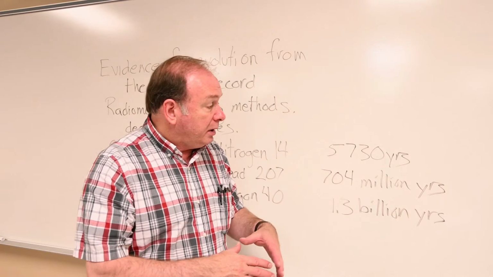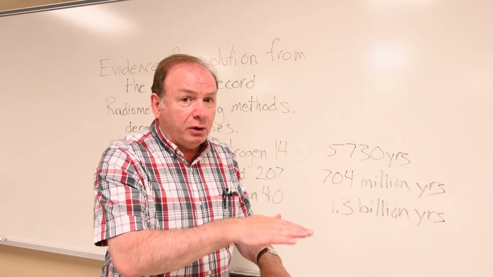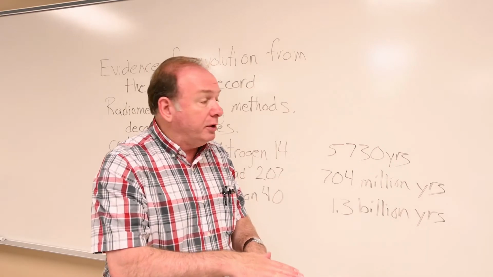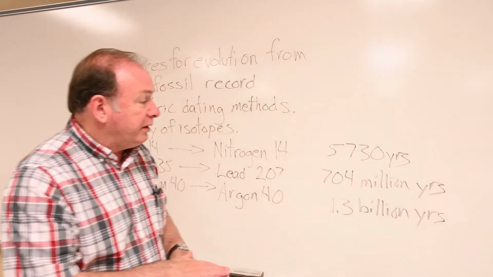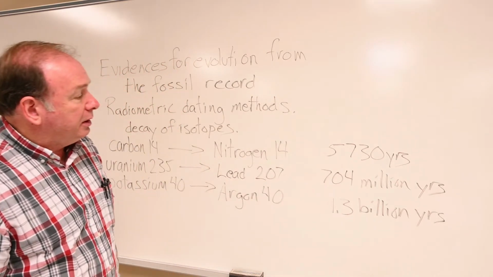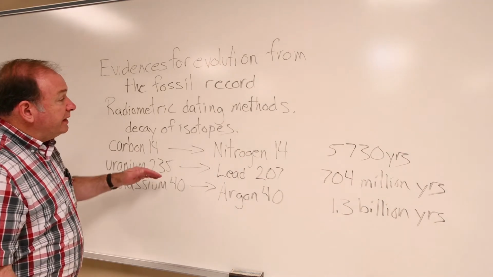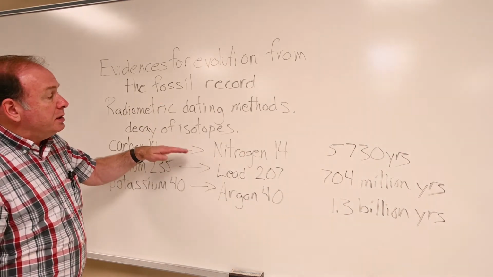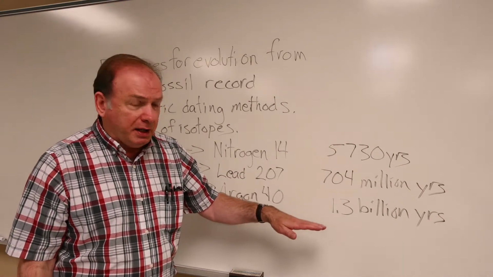If we don't have any igneous intrusions, any lava flows or anything in the material close to those sedimentary beds, then we have more problems figuring out exactly what the age or date should be for that particular stratum of rock. So anyway, this is a little bit of how we estimate the ages of the sedimentary beds.